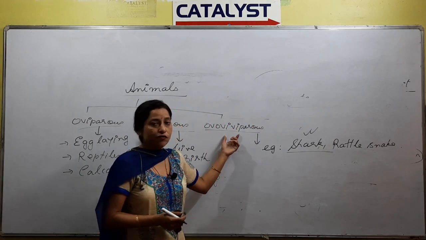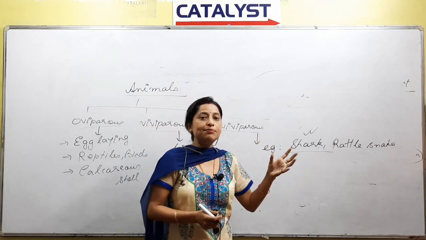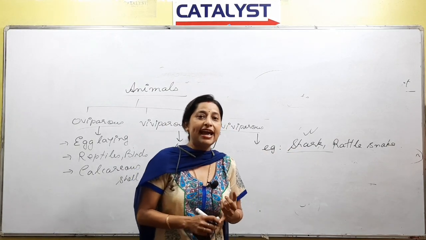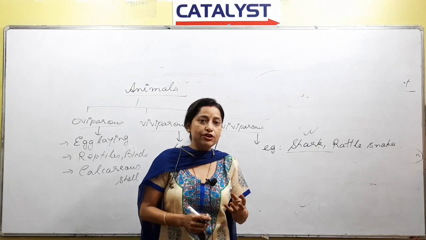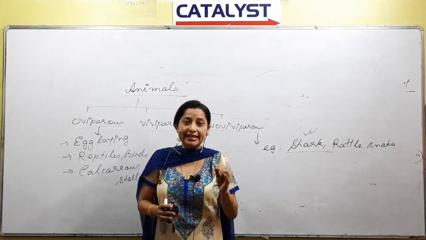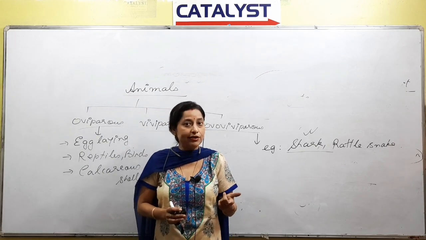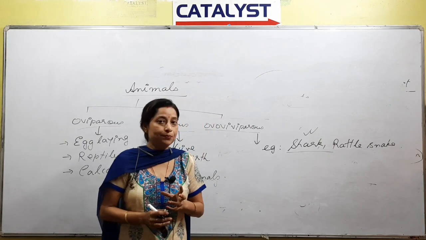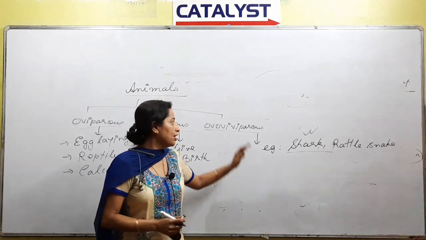So what happens in ovoviviparous? The female body produces the egg. It helps in the hatching of the egg inside the female body. It helps in the development of the embryo, but it cannot provide food to the developing embryo. Is the point understood?